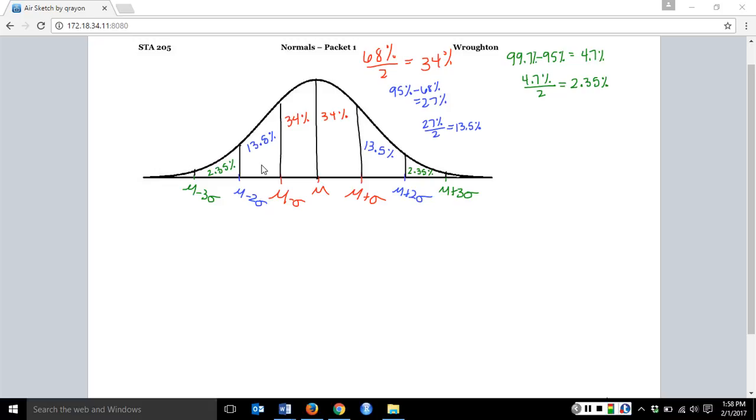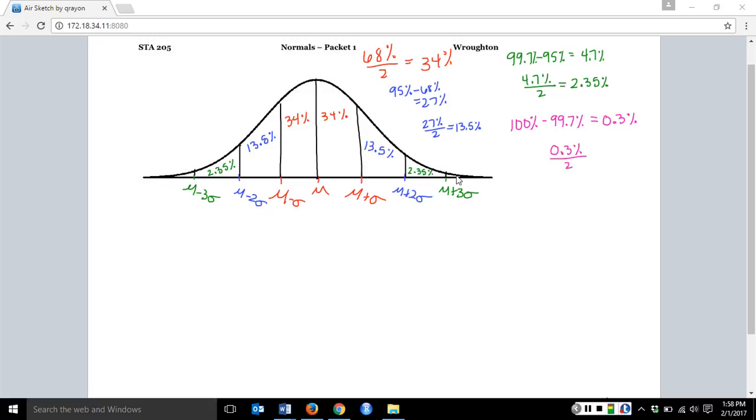Now, we're not quite at 100, but we can also get actually 100% of our picture because we still have these two tiny little pieces left. So how much should I have in total? Well, we should end up with 100%. So far on the picture, we've put 99.7%. So we only have 0.3% left to add to the picture.